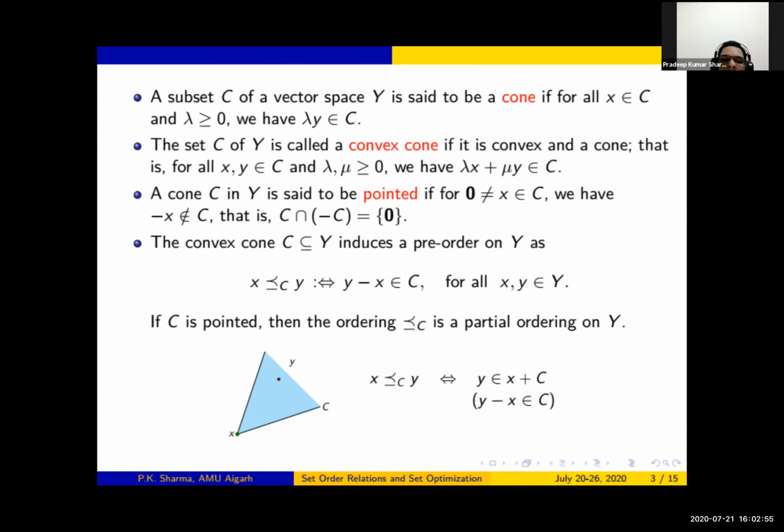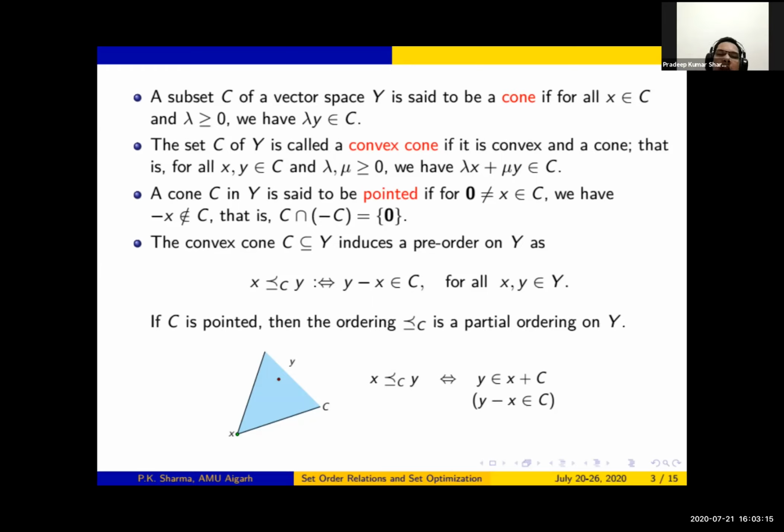The cyan colored figure also represents that this cone is pointed, because if we take the negative of this cone, then the intersection of this cone C and its negative will have only 0 in common.